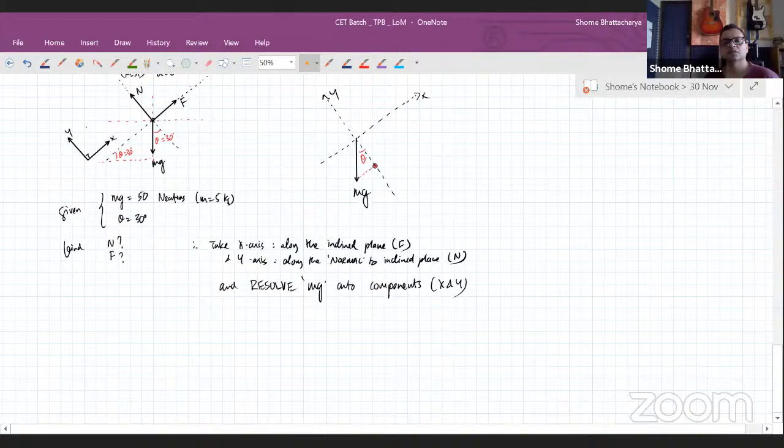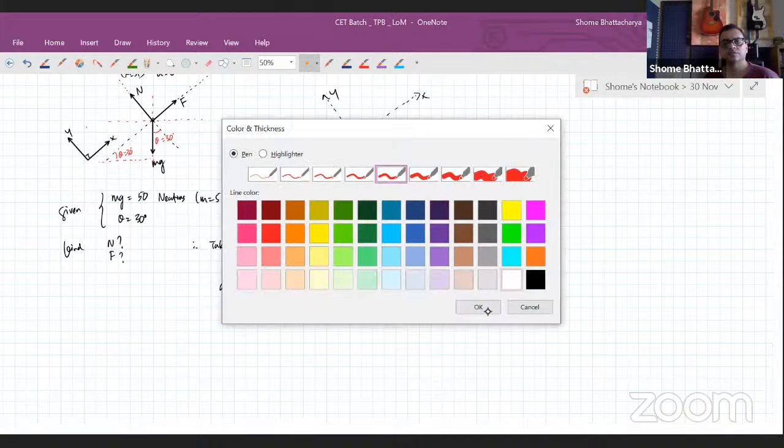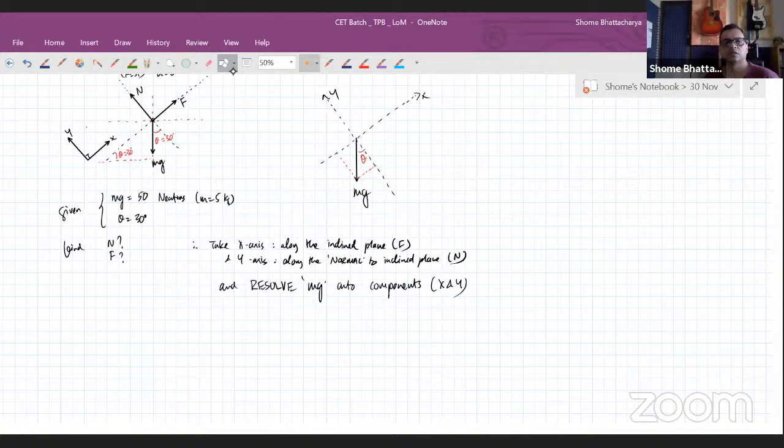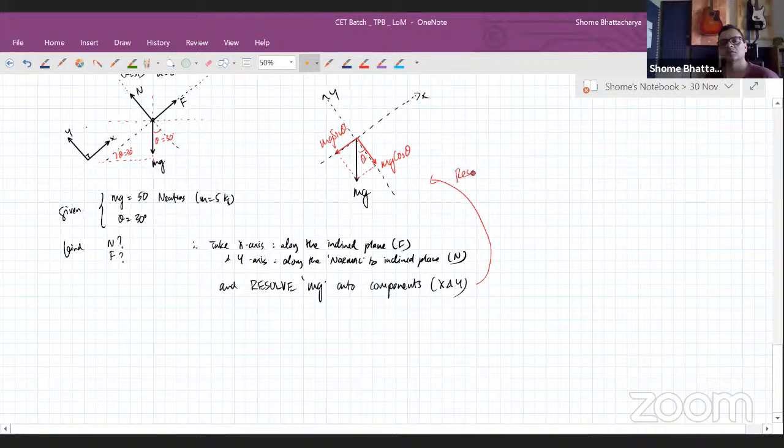So when we drop this perpendicular, the component of mg along the negative y axis, how much will it be? It will be mg cos theta, because this angle is theta. Okay. And the component of mg along the negative x axis, how much will it be? It will be mg sin theta, because this angle is 90 minus theta. So this step is the resolution of mg.